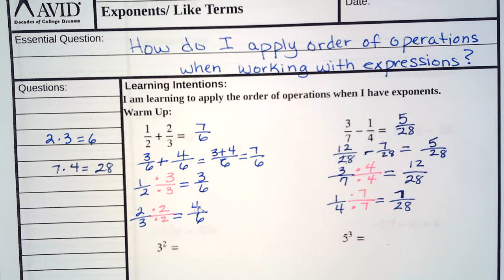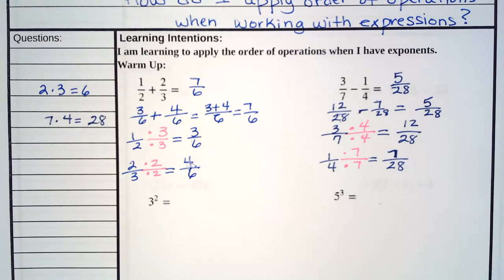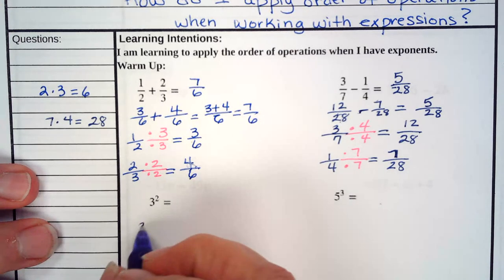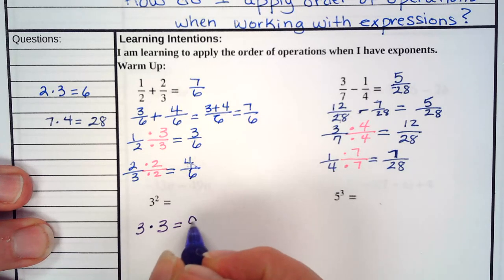Okay, now the next one is a concept you might not be really familiar with. What does 3 raised to the second power mean? 3 raised to the second power means 3 times 3. 3 times 3 is 9.